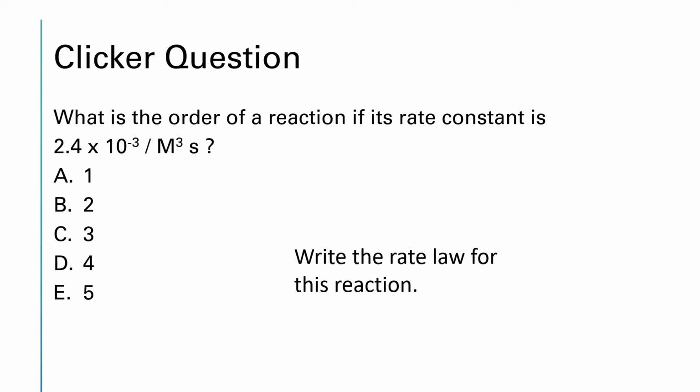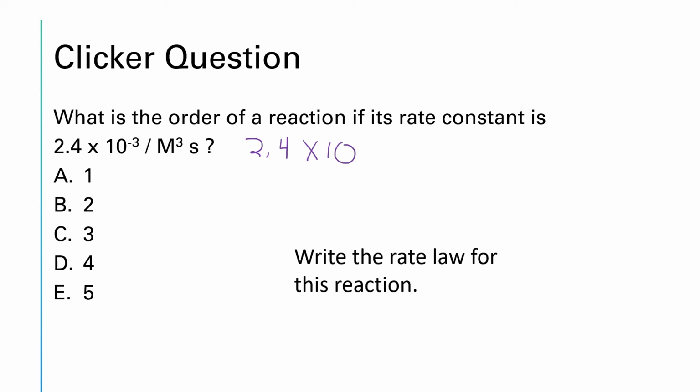Okay, here's the example. What is the order of a reaction if its rate constant is 2.4 times 10 to the minus third per molar cubed per second? Now, I've been writing all of these a little bit differently. I've been writing the units with negative exponents.